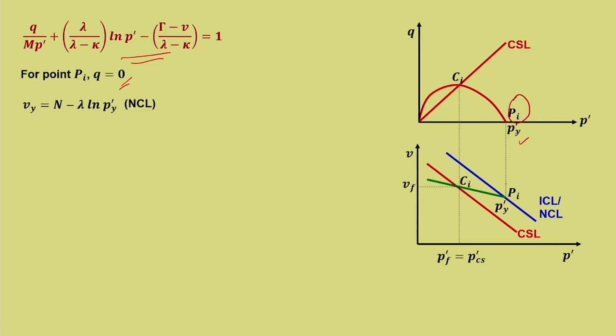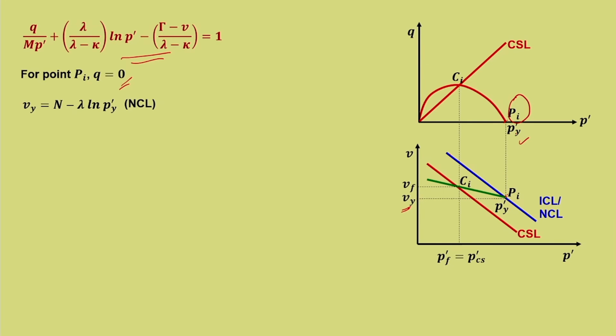Also, if you see here, this is the same point, if you consider here p dash y, this is considered to be Vy corresponding to that particular yield. We can write Vy is equal to N. What is N? N is the point on the normally consolidated line corresponding to unit pressure, which we have already seen, minus lambda ln p dash y.